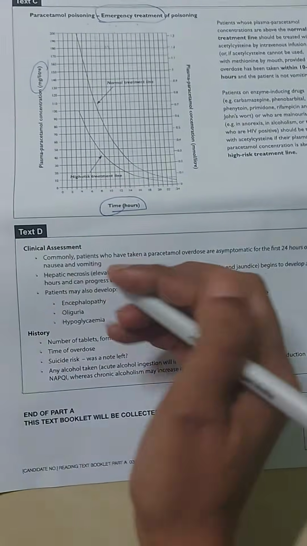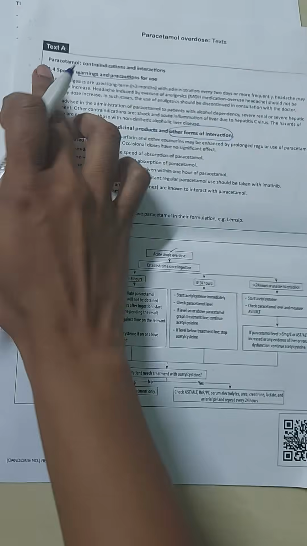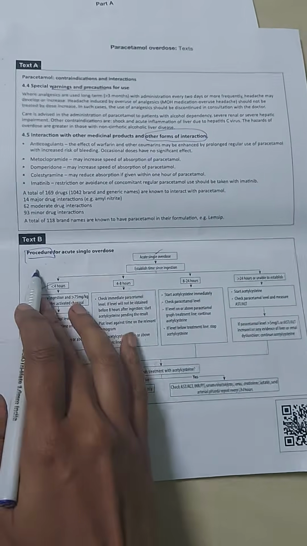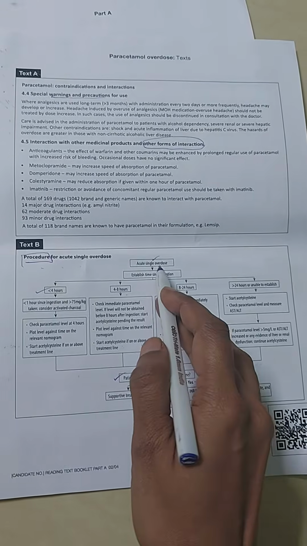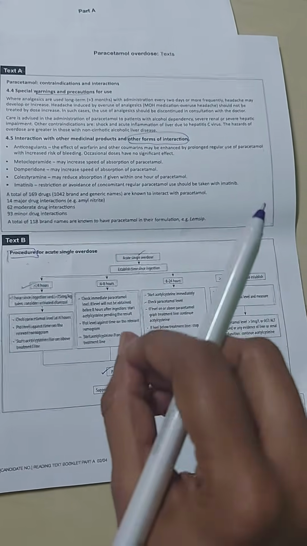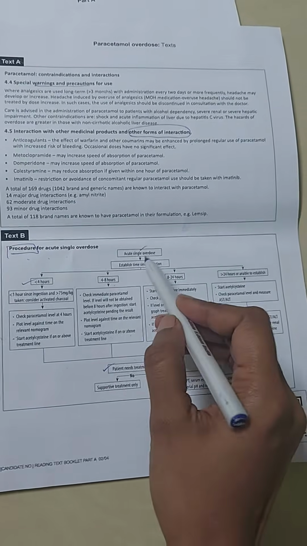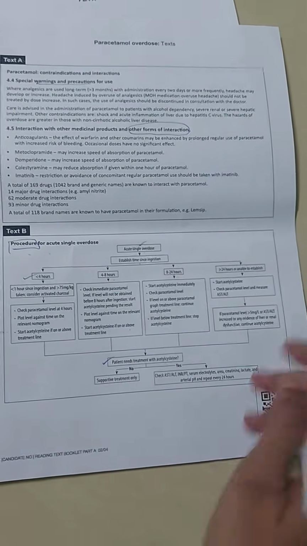And text D is all about clinical assessment and history. So my overall points: text A is warnings and precautions, other forms of interactions. Text B is procedure, and I have taken the main topics like single overdose, hours, as well as needs treatment or not.